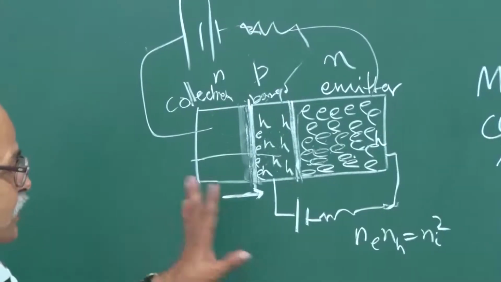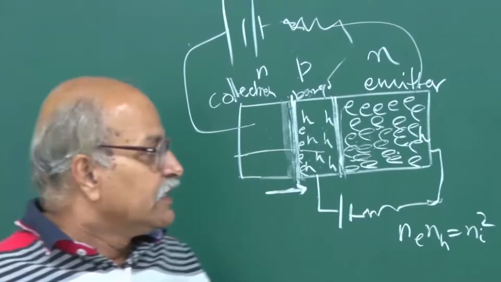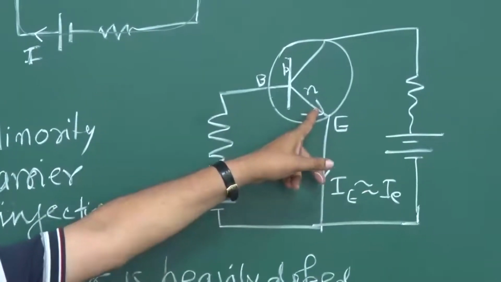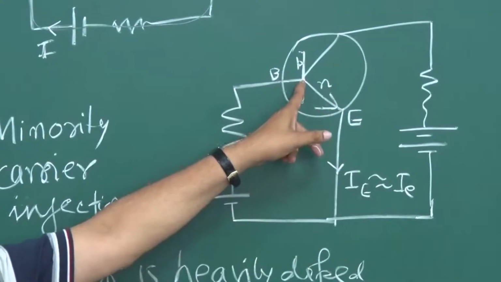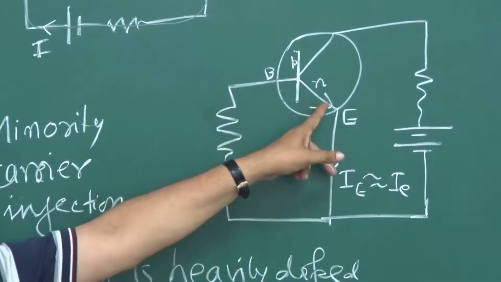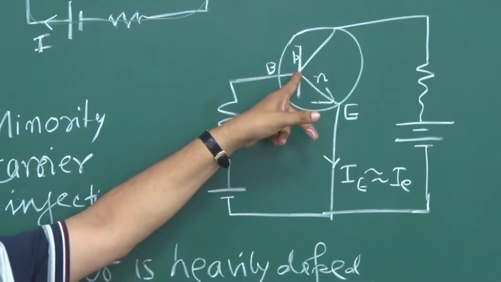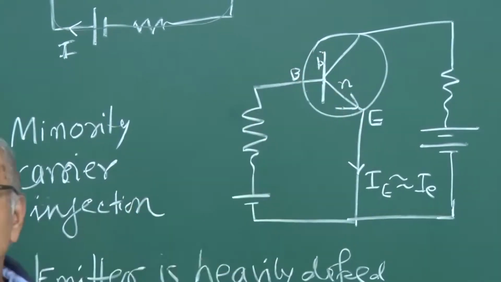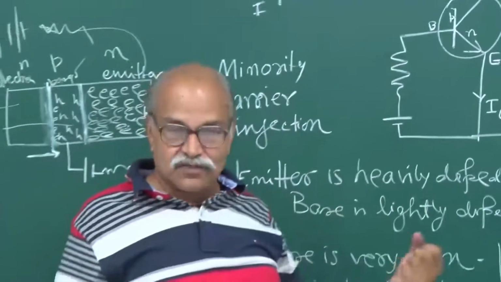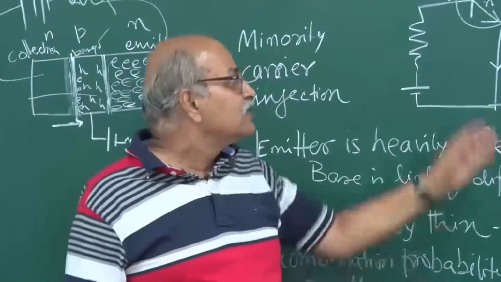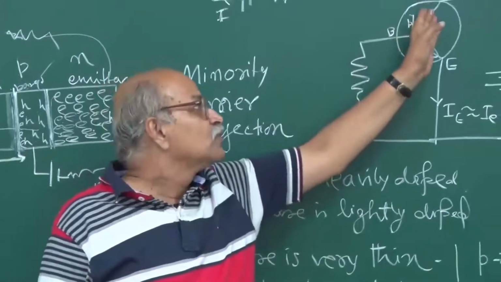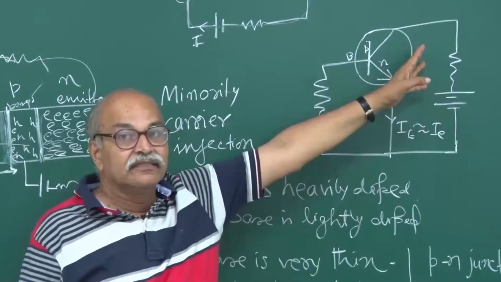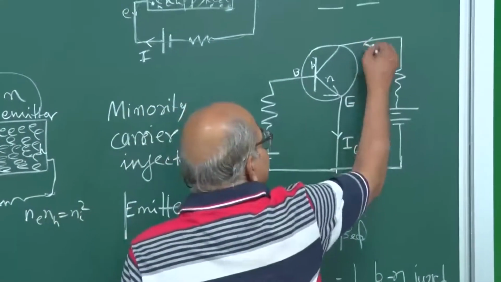So what is the picture now? The emitter has injected lots of conduction electrons into the base, but the base region is very thin. These electrons cross over that base region and reach the depletion layer of the base-collector junction. The collector is waiting for these electrons with a strong electric field to attract them, and these electrons go through the collector and make the current IC.